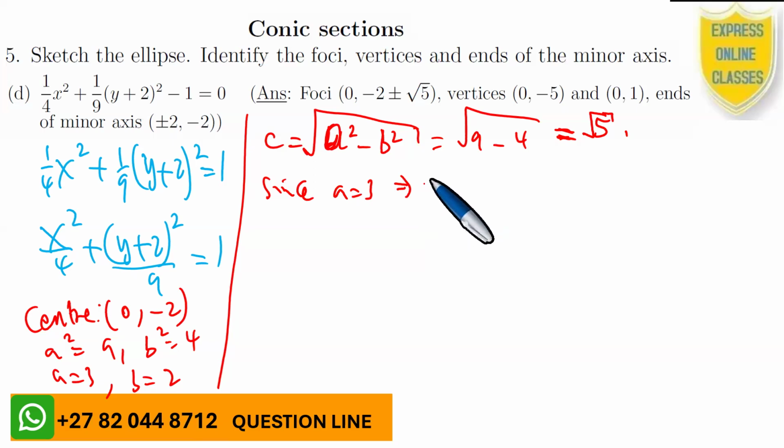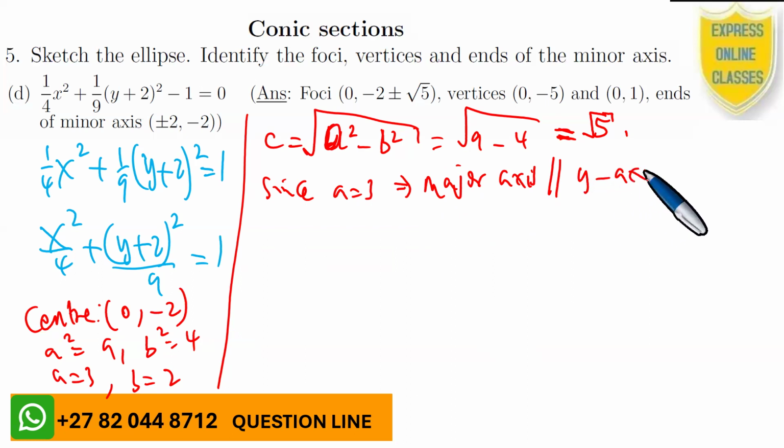This means that the major axis is parallel to the biggest one, y. y has the biggest denominator. So the major axis is parallel to the y-axis. So now you're just going to take the center. The center is 0, minus 2, then it's going to give us the foci.